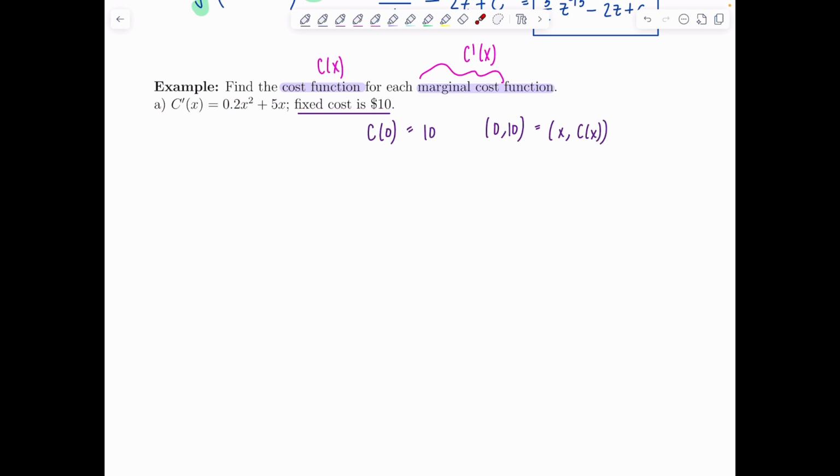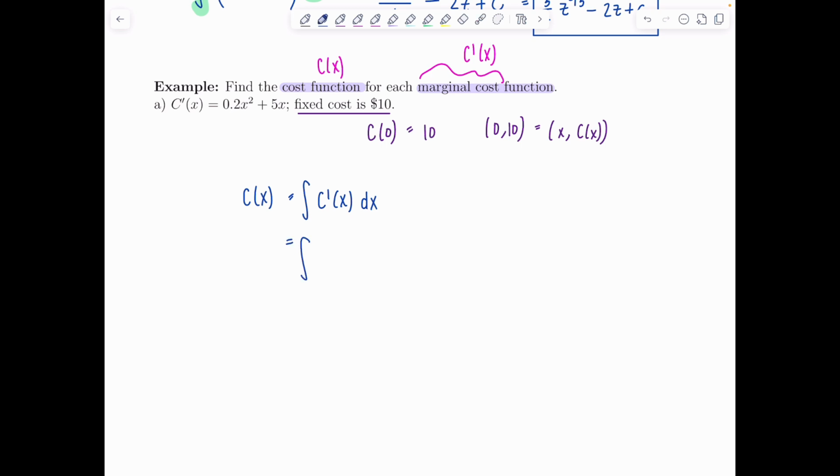Okay? So here we go. They gave me C prime, I need C of x. So they want me to find C of x. That's going to be integral of C prime of x. What am I forgetting? The other bread, dx, yes? Integral dx. Those are your breads. Here's the middle part. Okay.